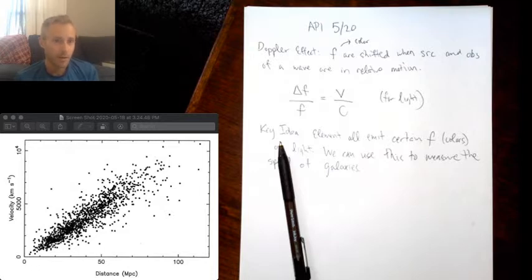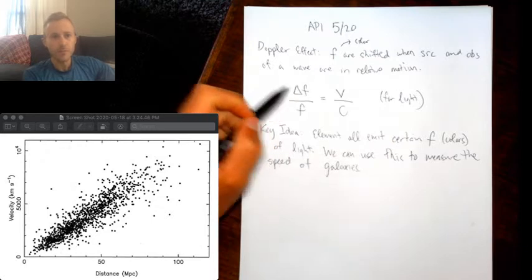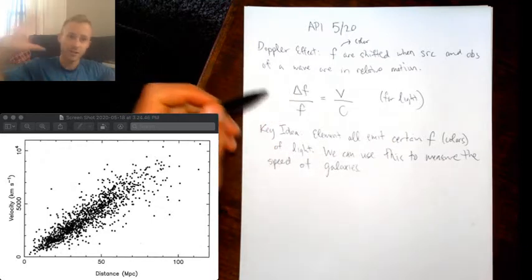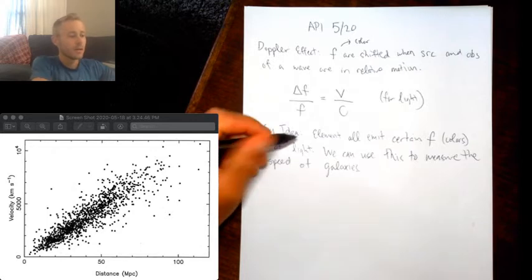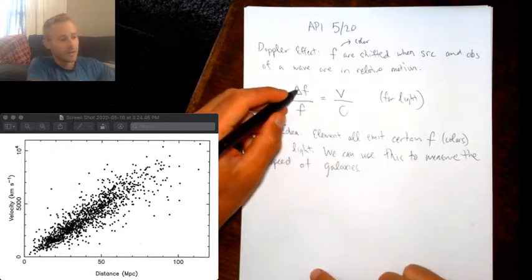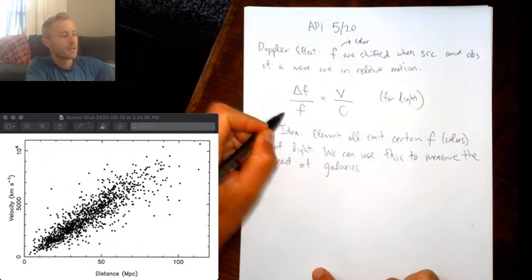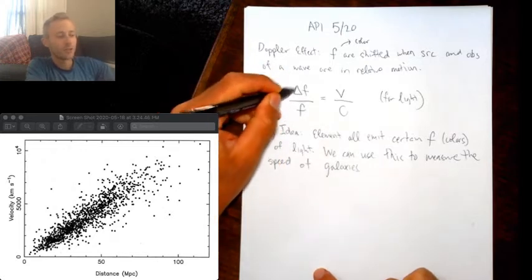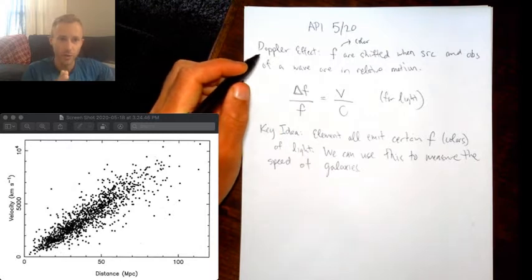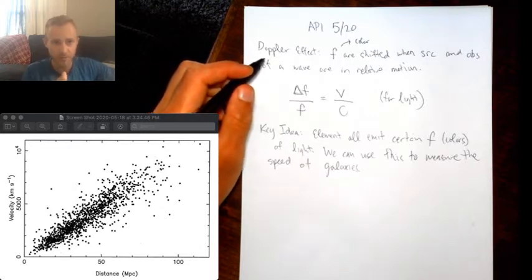But what we observe is that the frequency that we receive is different than the frequency that hydrogen should be. So we see that it resembles hydrogen, but it's in the wrong spot. And that's because the galaxy is moving. So we basically take this formula, and we know how much the frequency was shifted because we know where the frequencies for hydrogen should be.